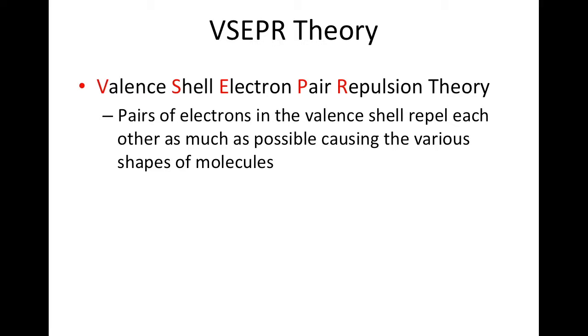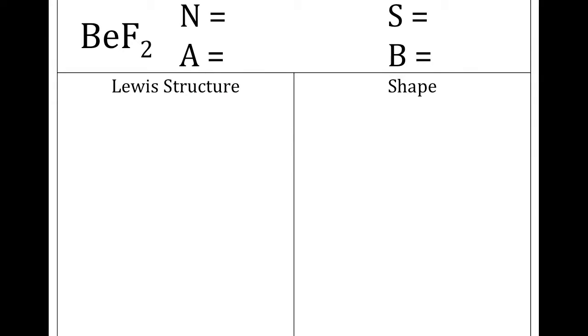The electron pairs in the valence shell will repel each other as much as possible, causing the various shapes of molecules. We're going to use this idea to figure out what shapes different molecules will form. We'll look at their Lewis structure, and then based on VSEPR theory, we'll determine what the shape will look like.